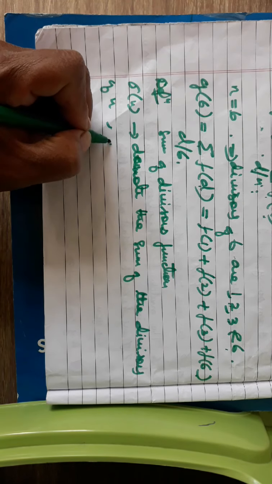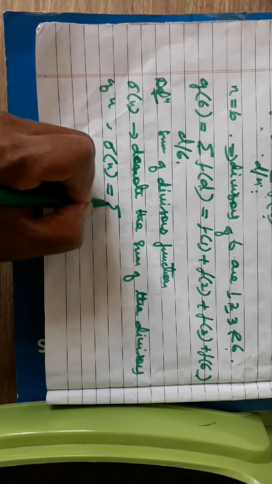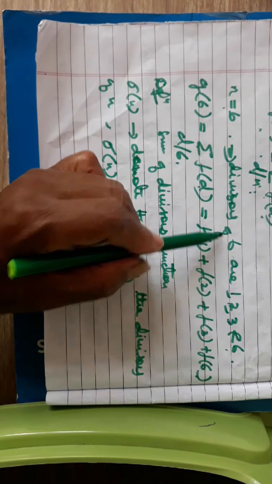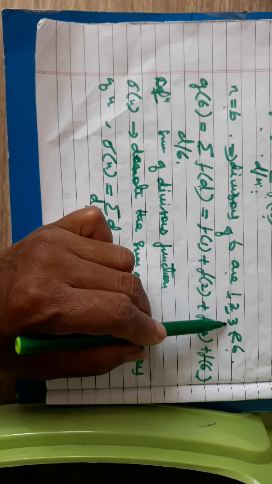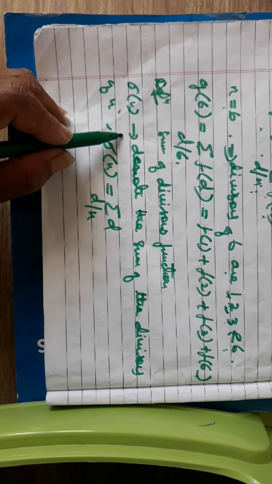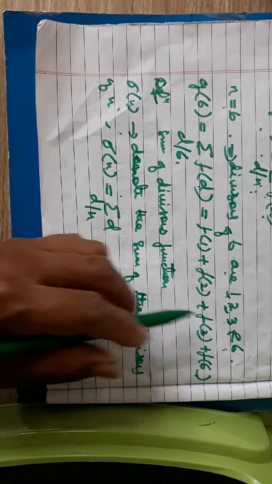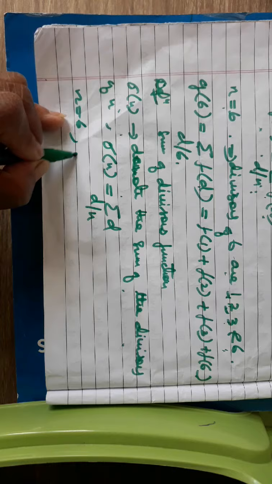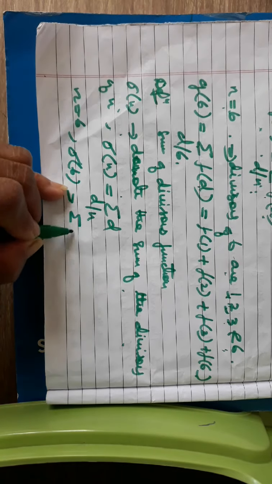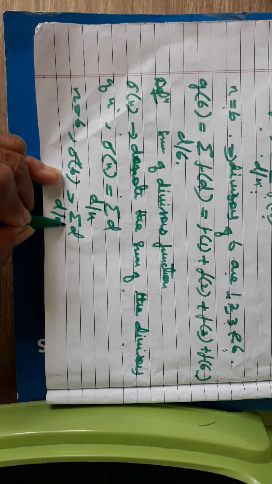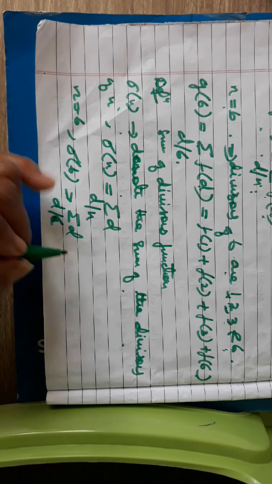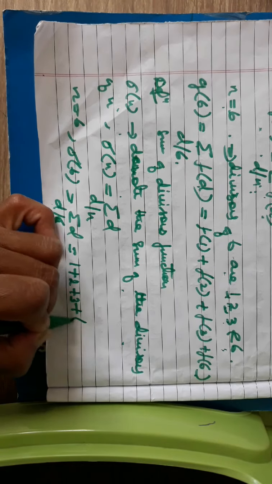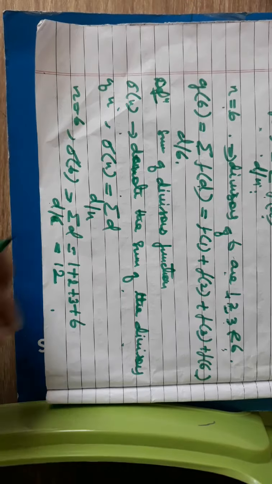For example, if n is equal to 6, the divisors of 6 are 1, 2, 3 and 6, and sigma of 6 is the summation of d, where d runs over the divisors of 6. That is 1 plus 2 plus 3 plus 6, which is equal to 12.